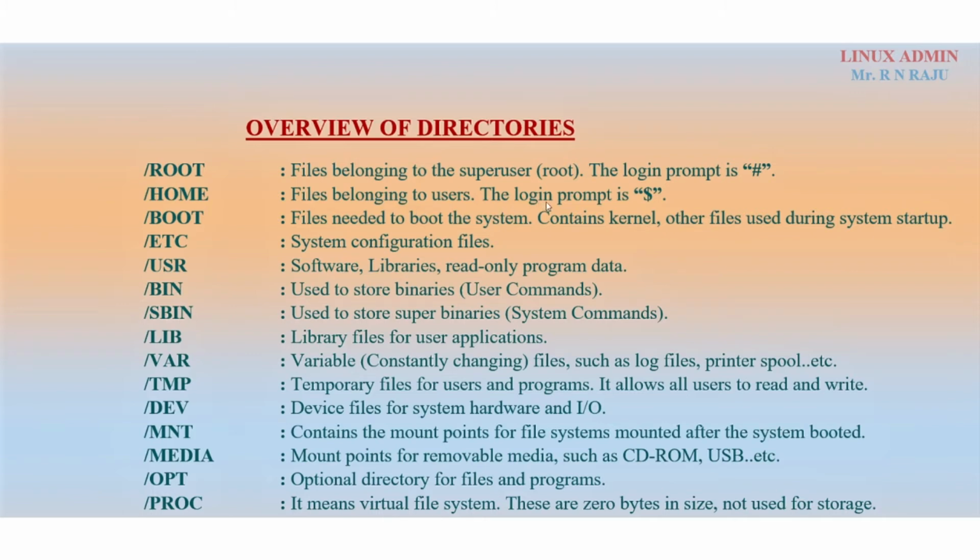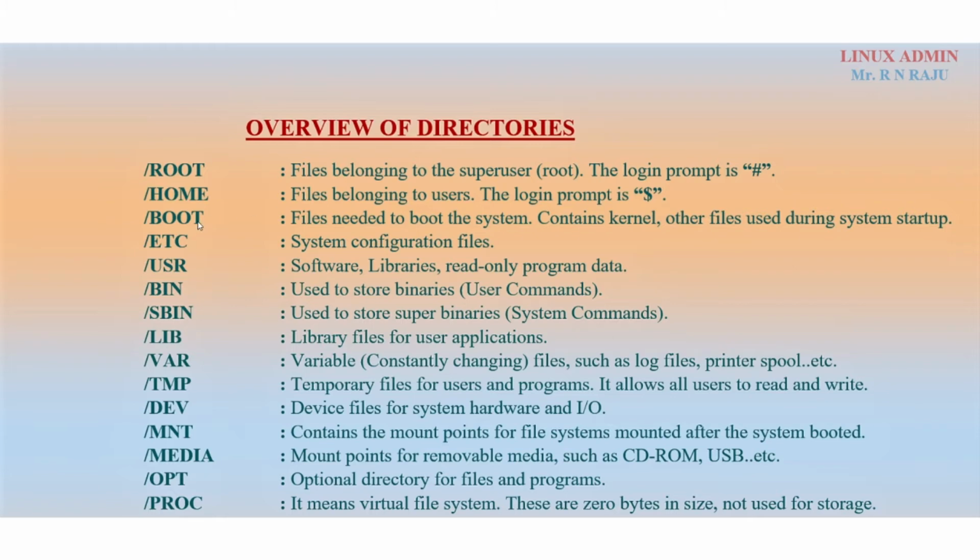The normal user login prompt is $. If we create any normal user, then automatically that user is located under the home directory. It will create one home directory for the normal user. If you log in with any normal user like Sarah, Raju, Max or something, then your login prompt is $. But every user can access their own home directory only.